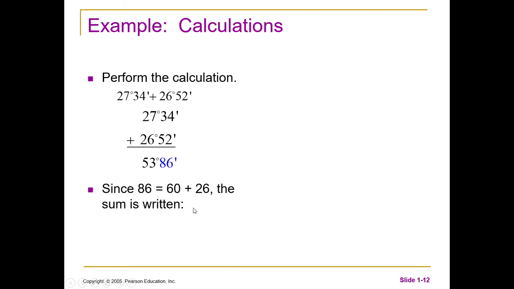Kukunin natin isang 60 para idagdag dito sa isa. So, magiging 1 degree, 26 minutes. Pag inadd natin yan, 54 degrees and 26 minutes. So, yan yung final answer natin. Tandaan nyo ha, kasi sobra siya. Pero pag more than 60, yun ay i-add natin dito.